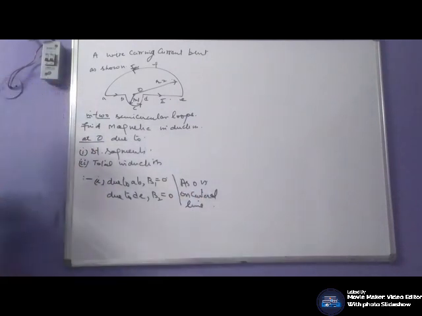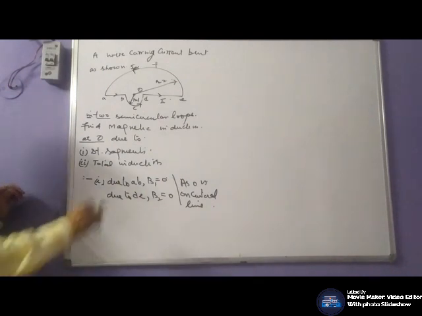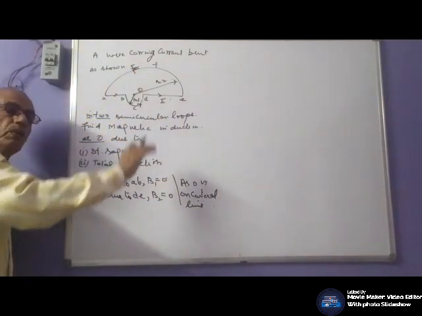Special case of the Biot-Savart Law: on the central line B was 0.